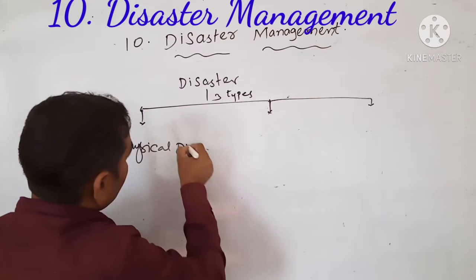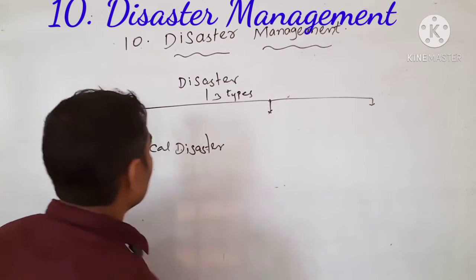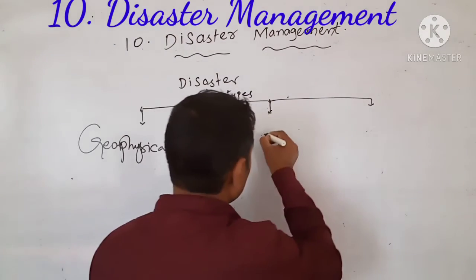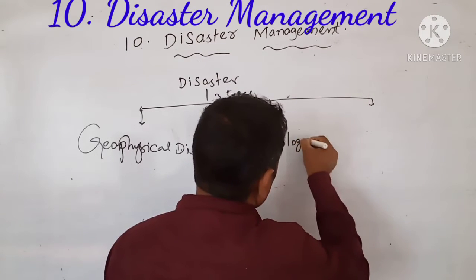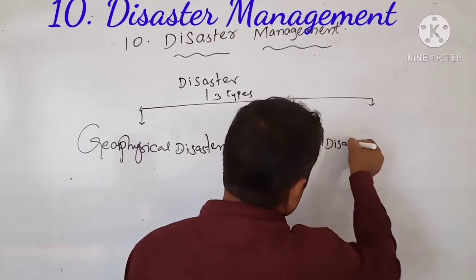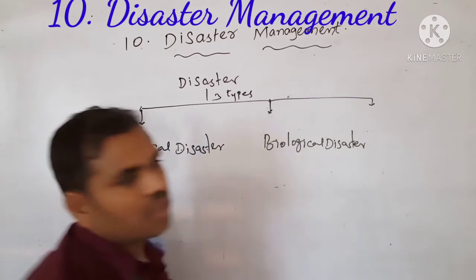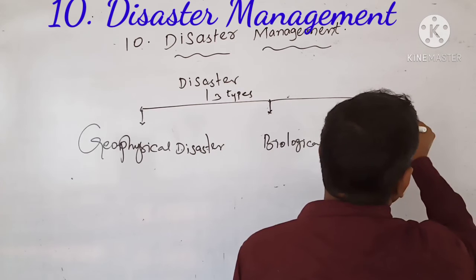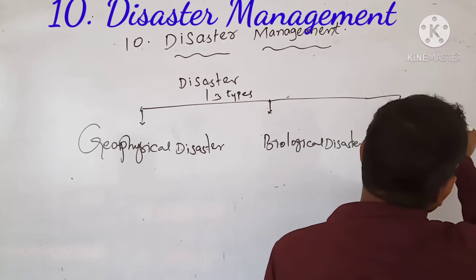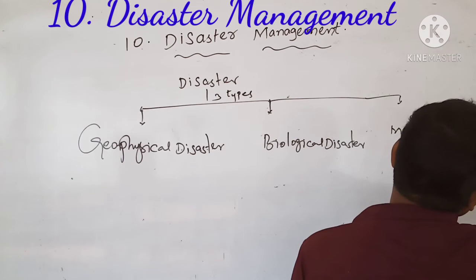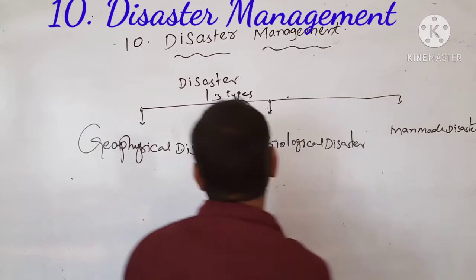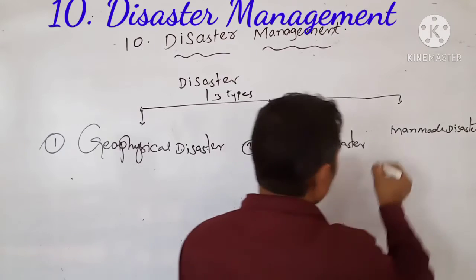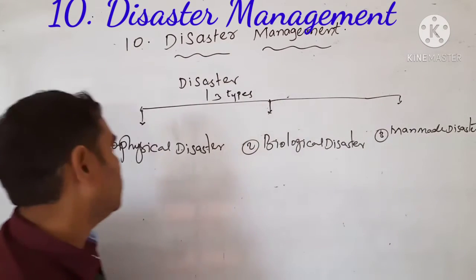Next we have to see biological disaster. Next, man-made disaster. So the first one is geophysical disaster, then biological disaster, and man-made disaster.